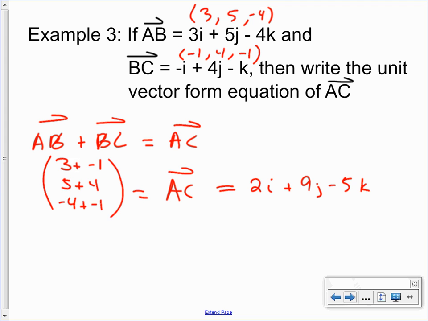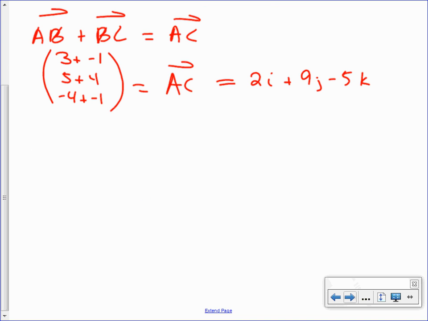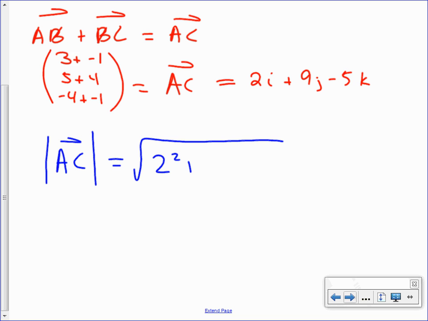Now, this is not the unit vector because the magnitude is not 1. So, in order to find the unit vector, you need the magnitude of AC, which is the square root of 2 squared plus 9 squared plus negative 5 squared, which happens to be the square root of 110.